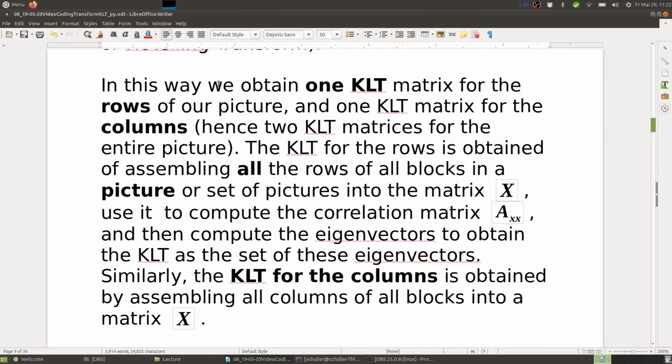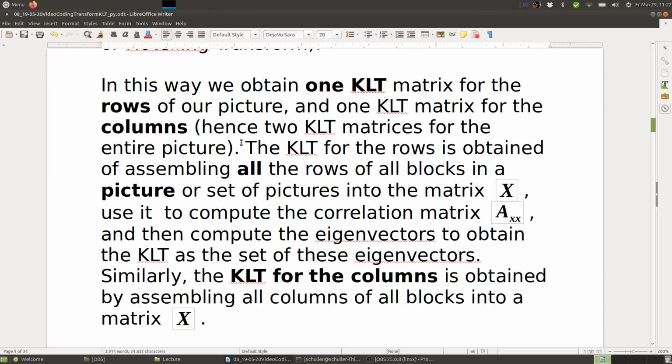So in this way we obtain one KLT matrix for the rows of our picture and one KLT matrix for the columns. Hence, two KLT matrices for the entire picture. Remember, this came from our assumption that we apply it one-dimensionally and separately for the rows and the columns.